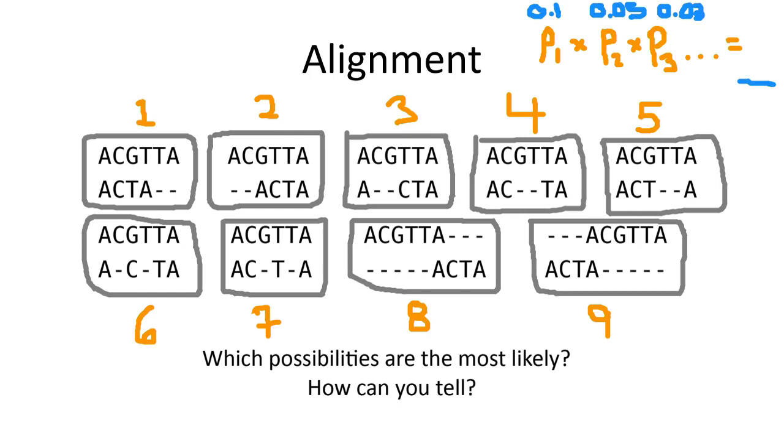Every time we add in a new mutation, the overall probability gets smaller, because we're multiplying a fraction by a fraction by a fraction. So going at it completely mathematically, the fewer changes you do, the higher the probability. The more changes you do, the lower the probability. So just going by that, 4 and 7 are equally likely. Both of these are just two deletion mutations.